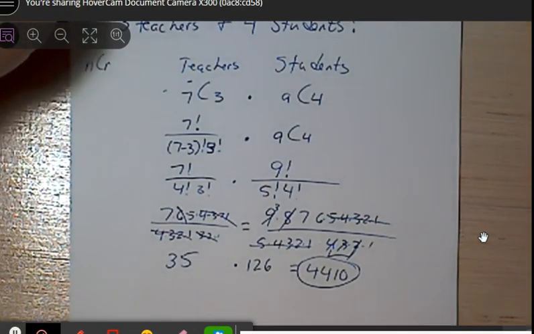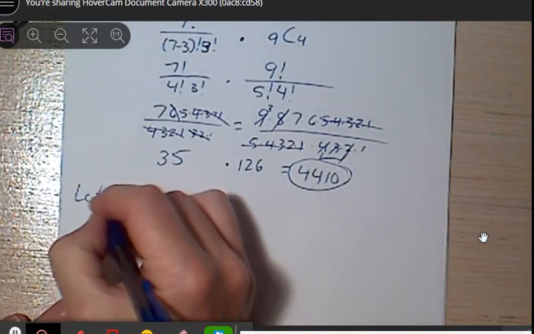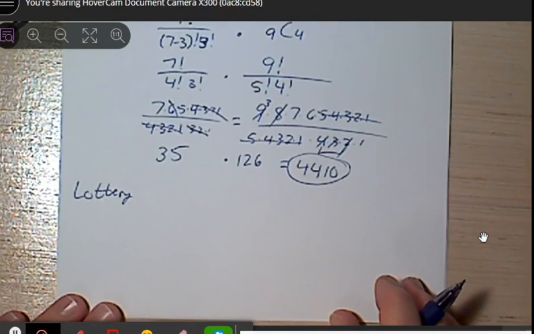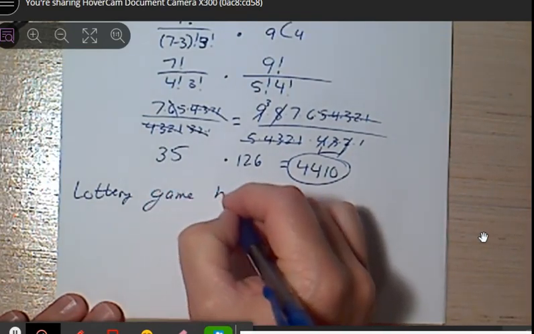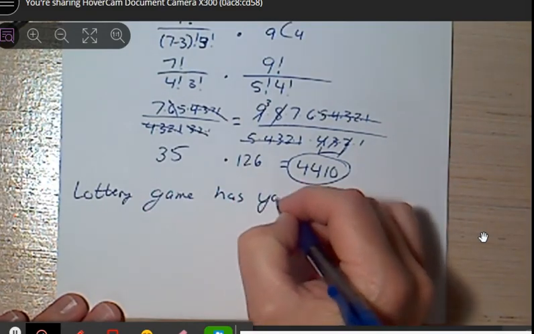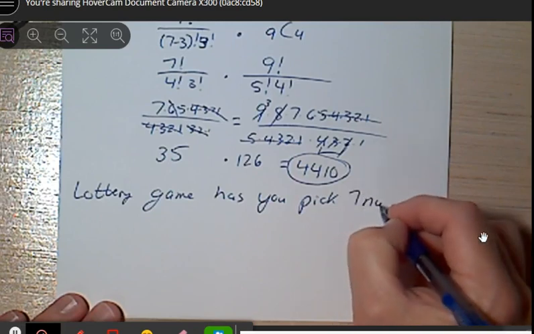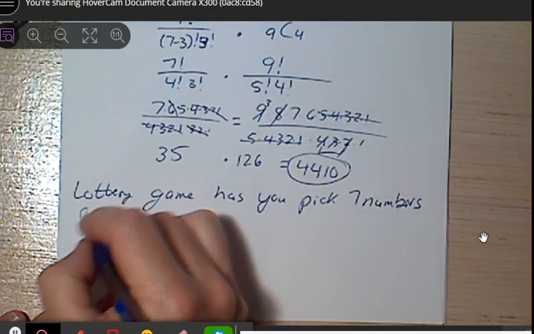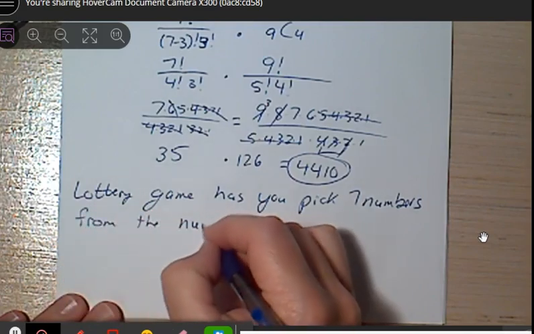Okay, and then one of these problems, something similar to this one. I kind of like this one because it showed the difference between where the order is important and the order is not important. Let's say a lottery game has you pick 7 numbers from the numbers 1 through 13.